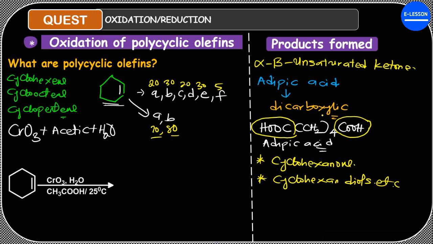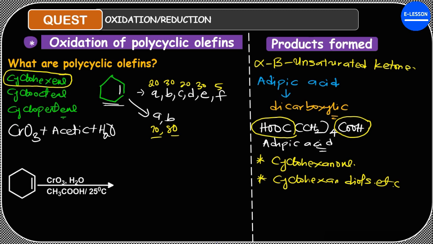Now, all these products will be formed from the oxidation of polycyclic olefins, especially cyclohexene. As a case study, we are using cyclohexene here. It does not mean that if you use cyclooctene, you will form the same product. If you use cyclooctene, you are going to form products that are analogous to those of cyclohexene. So if you use cyclooctene, for instance, instead of forming cyclohexanone, you'll be forming maybe cyclooctanone.